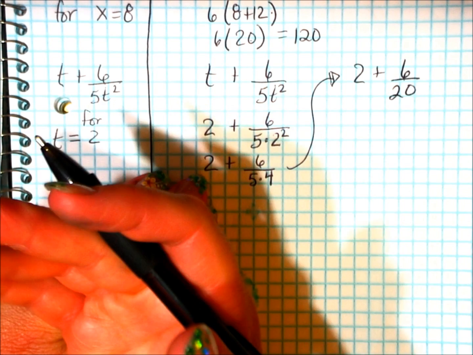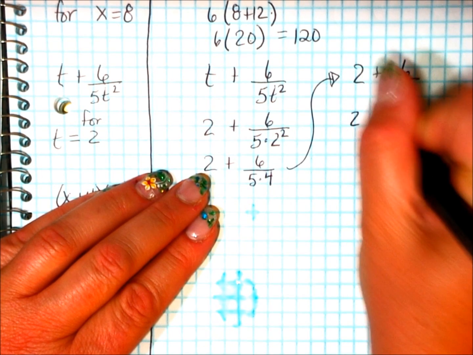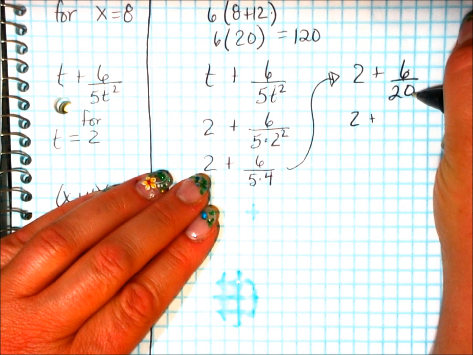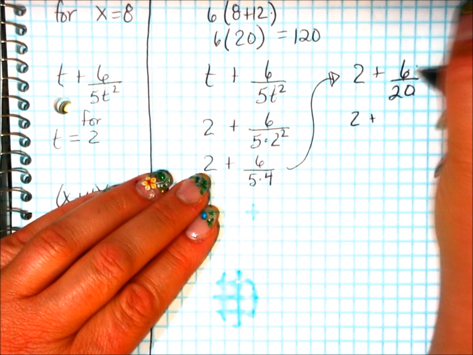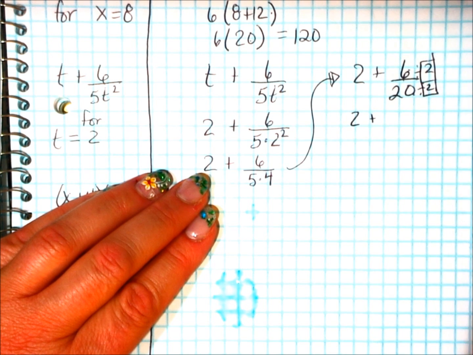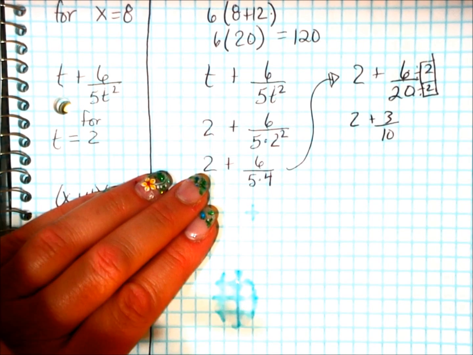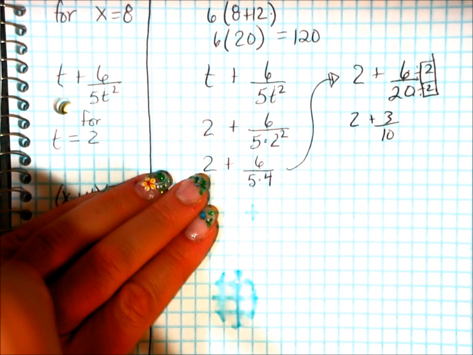Now, in order to add these together, the first thing I'm going to do is simplify that fraction a little bit, make it a little easier on myself. 6 and 20, I can divide both by 2. And there's my 1. And remember, I can do that anytime I want. I can multiply or divide by 1. So in this case, I get 3 over 10. Now, in order to add them, they have to have the same common denominator.